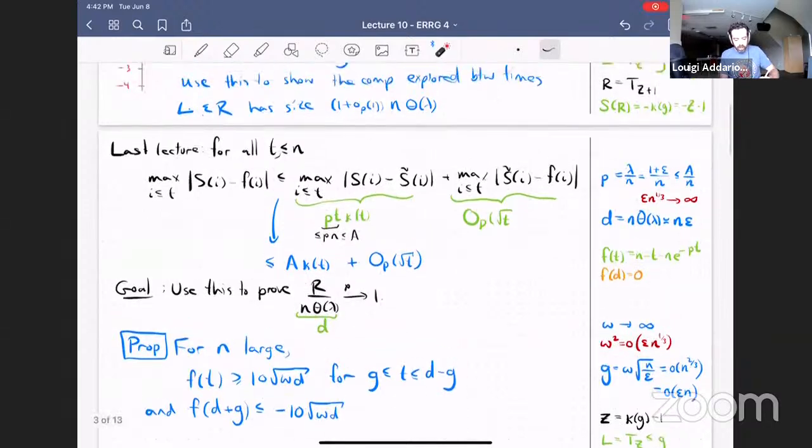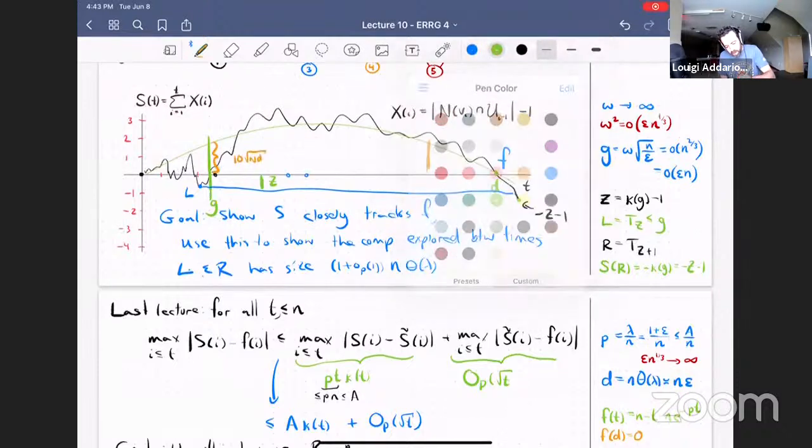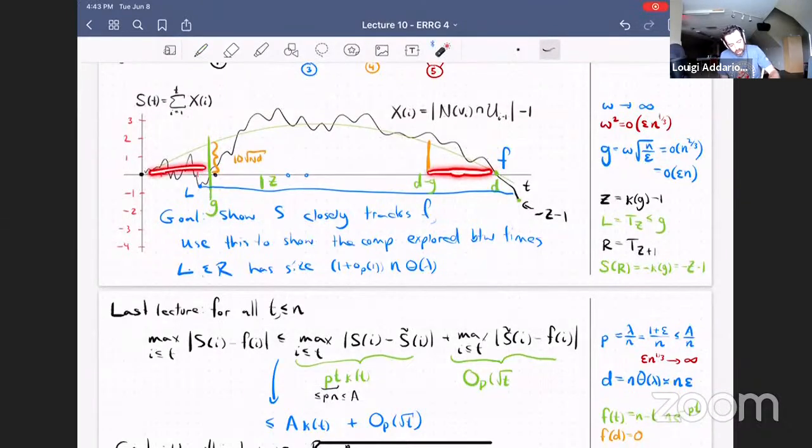Okay, so that's saying in this picture that we control this gap here. This is much bigger than, well, what did I write? Bigger than 10 root omega d, and that's true all the way up to the time d minus g, which in my drawing, this d minus g and g look big, but really this gap here is small compared with the total length of the interval.